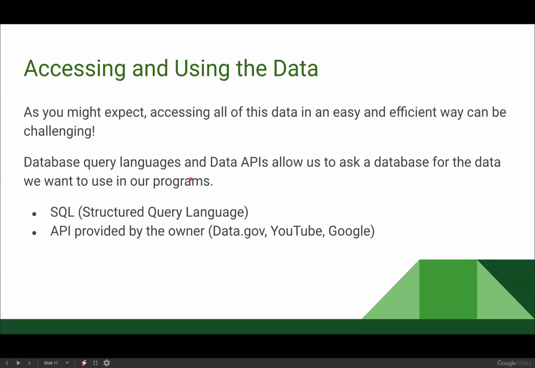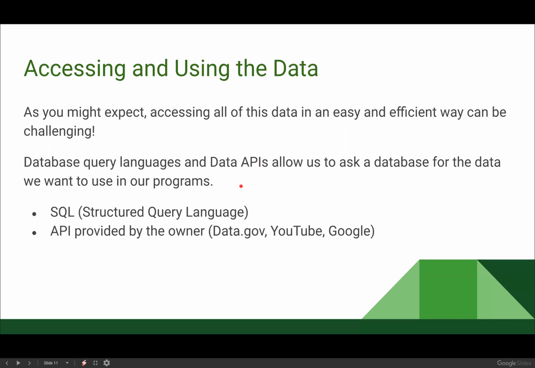That's the most common type of query language for interfacing with databases, though there are others. So languages like that and data APIs, application programming interfaces, like we've learned about in the past, allow us to ask databases for the data we want when we're using our programs.